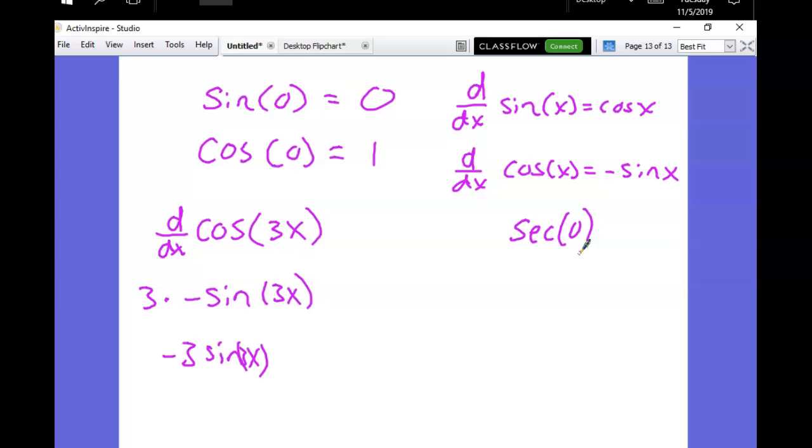It's the reciprocal of cosine. Yeah, darn trig. All right. And what is cosine of 0? We've already talked about that. 1. So this is 1 over 1. Okay. So we want to review our trig. We want to know what that is.